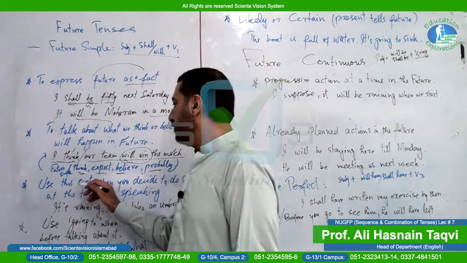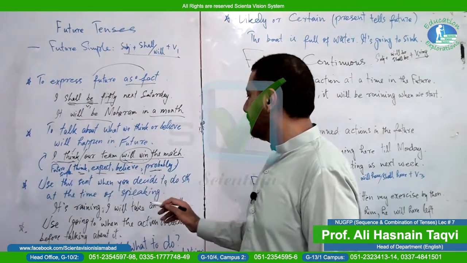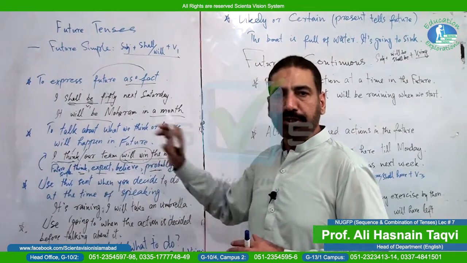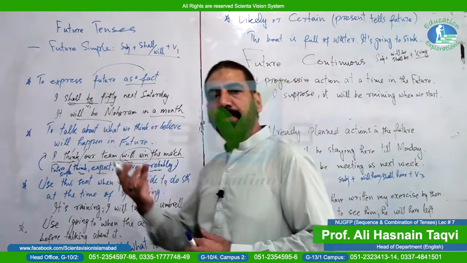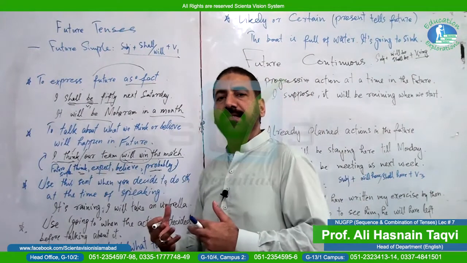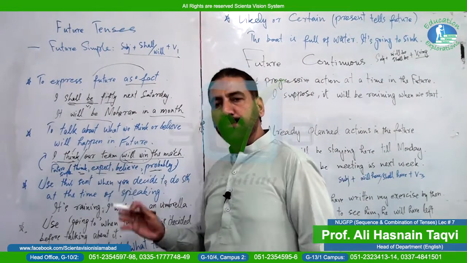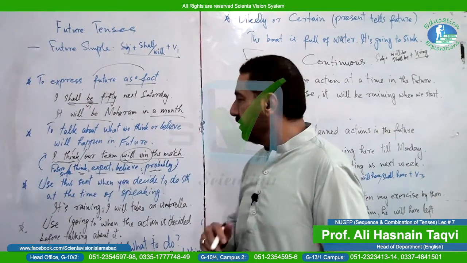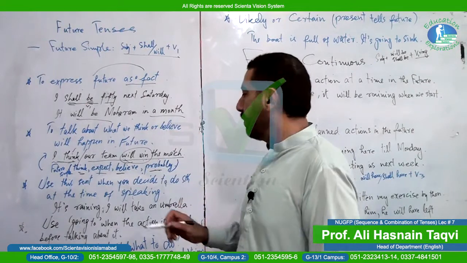Another place where you use this tense is when you have decided. We also use this future simple tense, especially when we have mentally decided as to what to do next. So at the time of speaking, if I am confident that this is my plan of action, then I employ future simple.